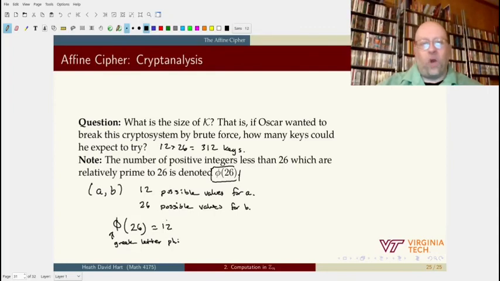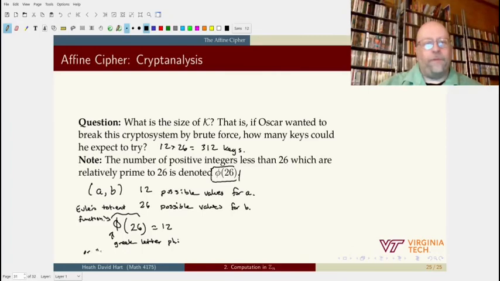This number will show up in some of our calculations because of the invertibility of these numbers. This function has a name. I mean, the symbol is the letter phi, but the entire function is called Euler's totient function. Looks like the word quotient, but with a T. And some people just call it Euler's phi function.